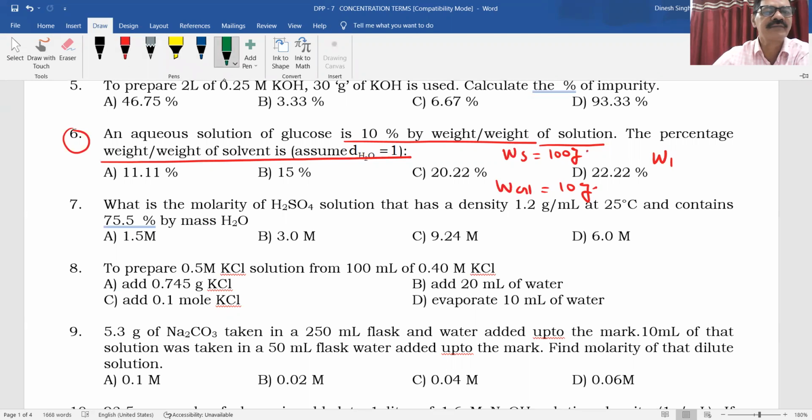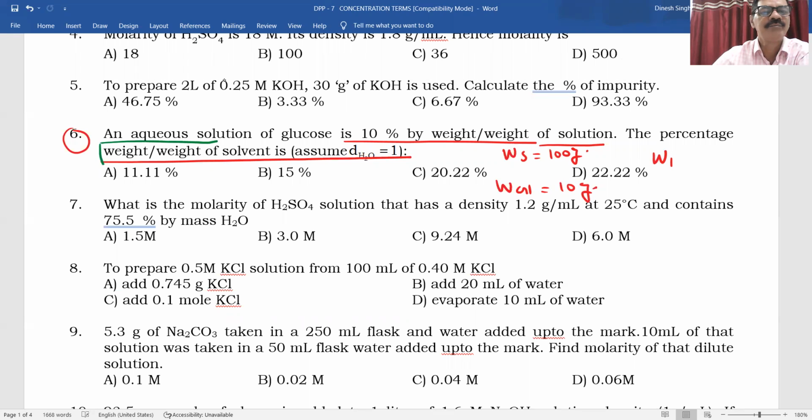He is asking the weight by weight of solvent basically. Now he is not asking weight by weight percent, he is asking the percentage of weight by weight of solvent. So the amount of glucose is 10 gram, and the amount of water will be 100 minus 10, that is 90 gram obviously.